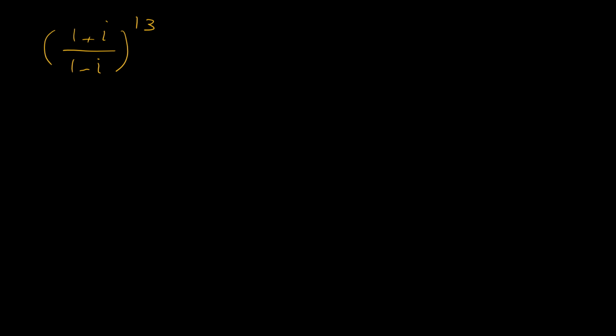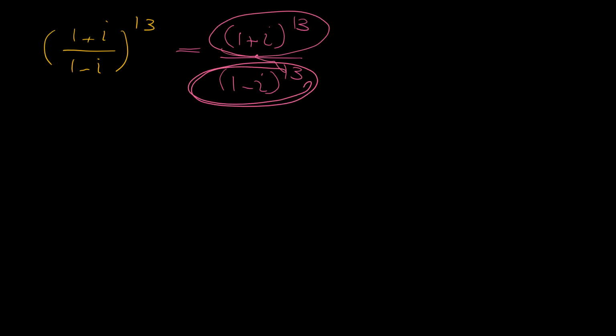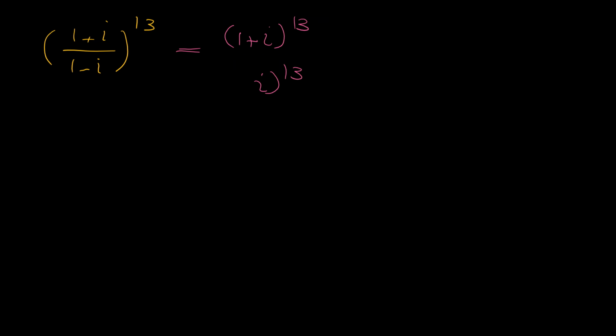One way is to say 1 plus i to the power of 13 divided by 1 minus i to the power of 13, and calculate the numerator and the denominator like the previous example, and then divide the two answers by each other. But the better and easier way is to do the division in the bracket and then raise it to the power of 13.